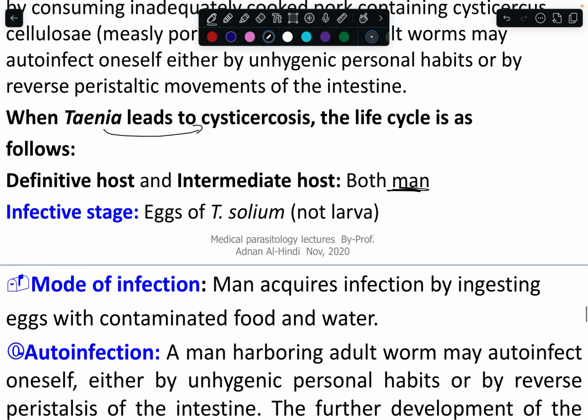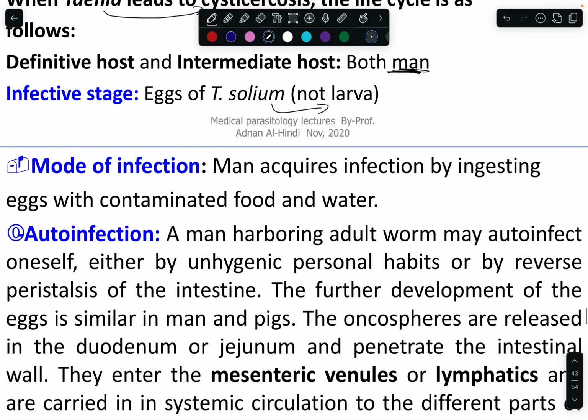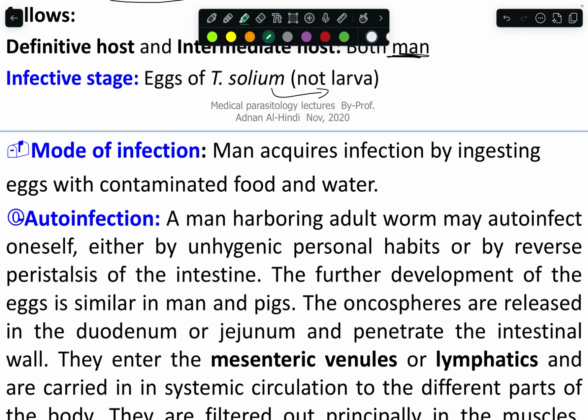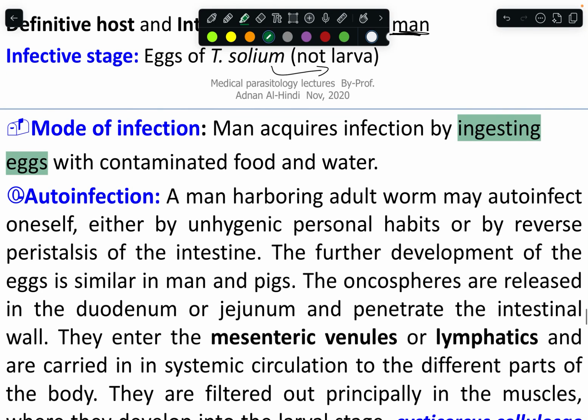Infective stage: eggs of the Taenia solium, not the larva. The modes of infection: man acquires infection by ingesting eggs with contaminated food and water. So ingestion of eggs. Auto-infection: a man harboring adult worm may auto-infect oneself either by unhygienic.